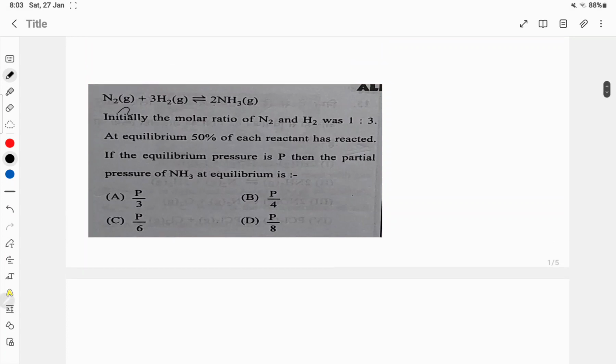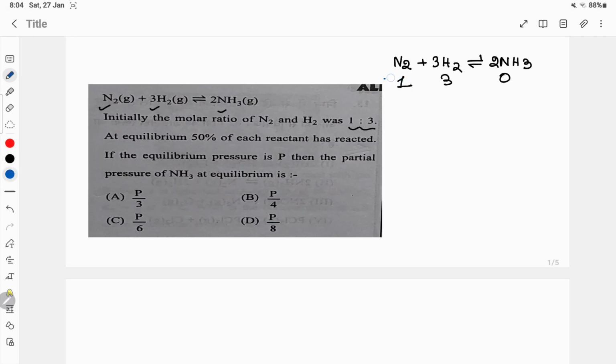Okay, so the reaction is given where nitrogen gas reacts with hydrogen gas to give ammonia. N2 reacts with hydrogen gas to give ammonia. And at the beginning, the molar ratio of nitrogen and hydrogen is given as 1:3. For ammonia at the beginning, there is 0 moles.